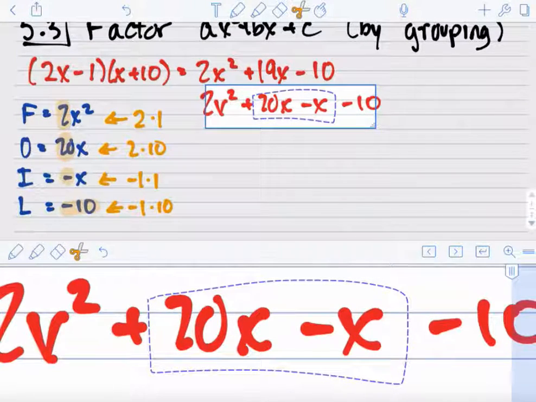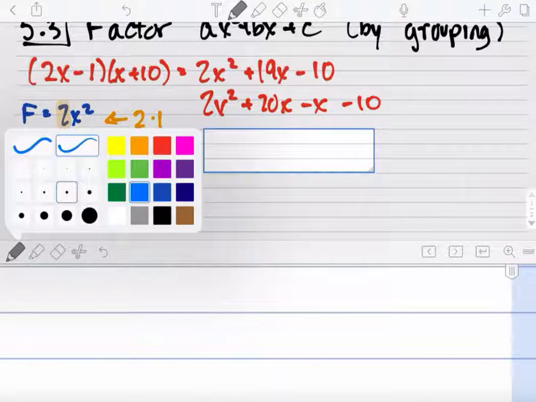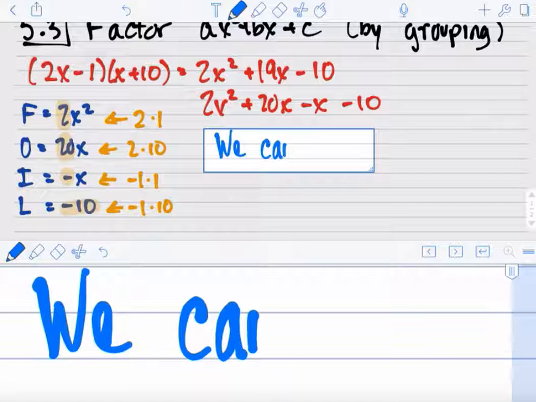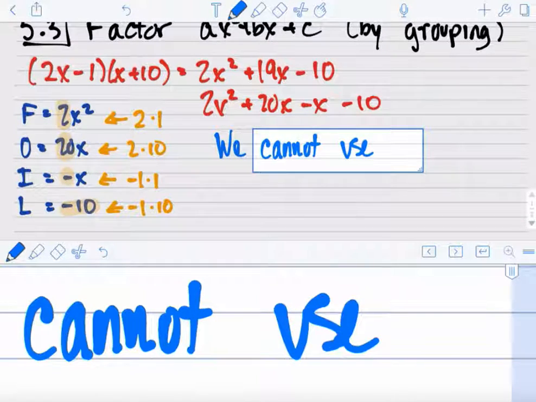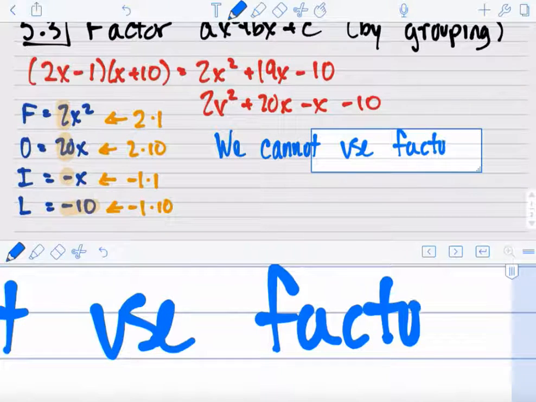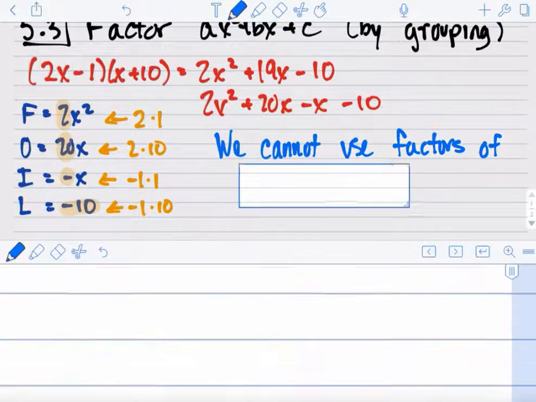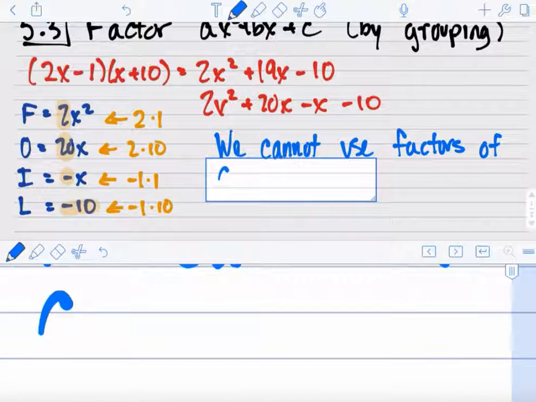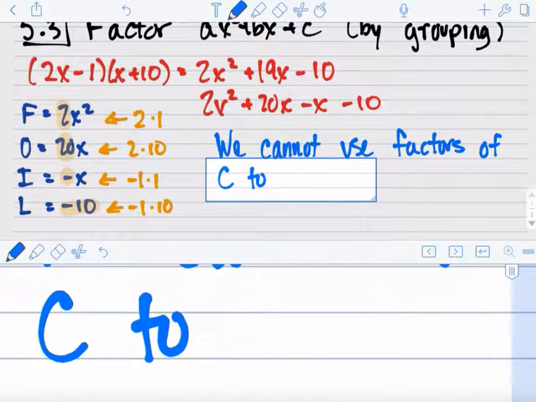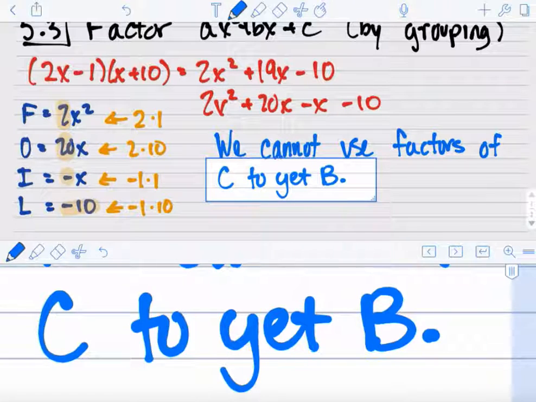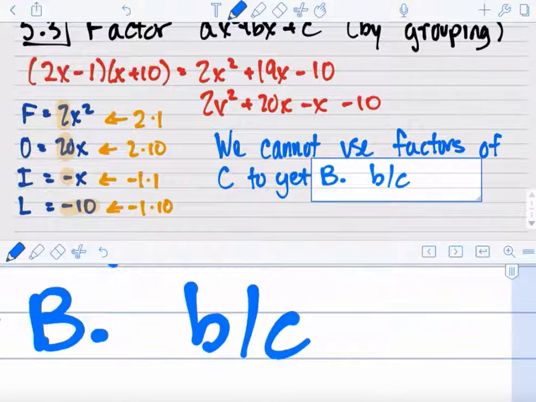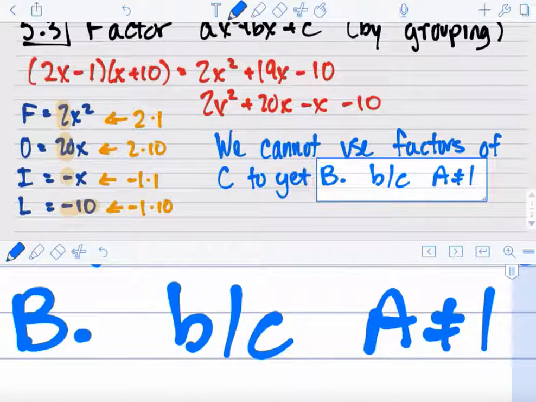Because that's not factors of negative 10 that add to 19. We cannot use factors of C to get B, because A does not equal 1.